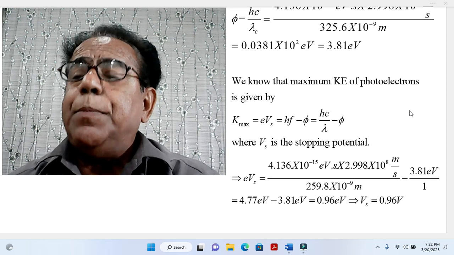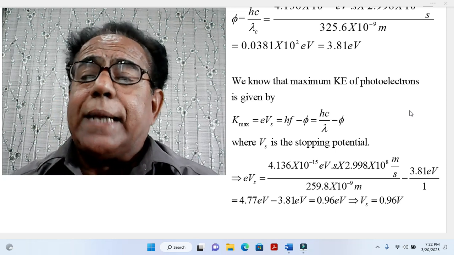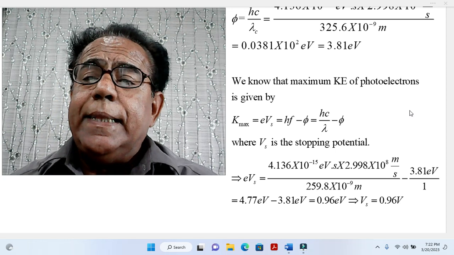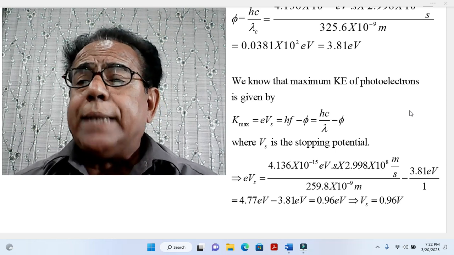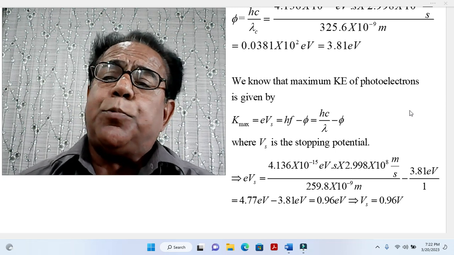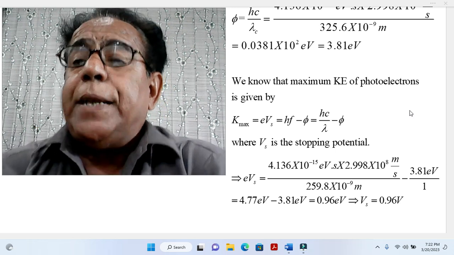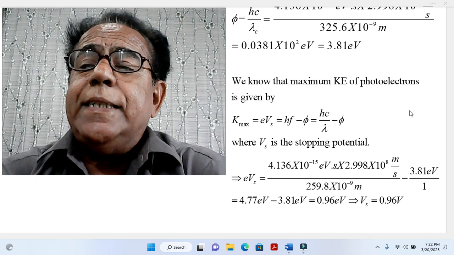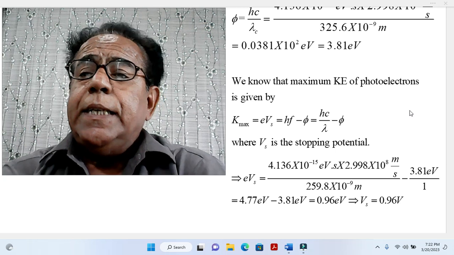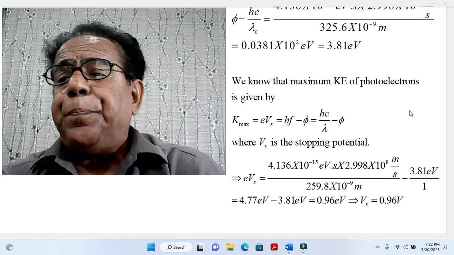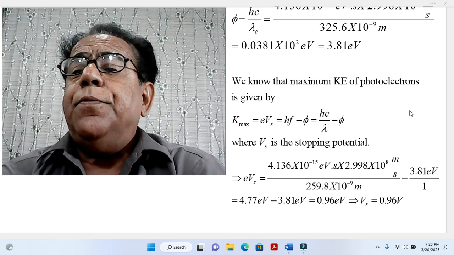Maximum kinetic energy, denoted by K max, where max is written as a subscript of K, is equal to e into stopping potential Vs, which is equal to hf minus phi, that is, Planck's constant times frequency minus work function.